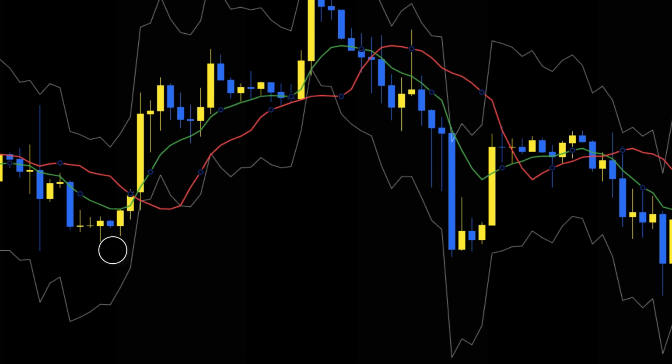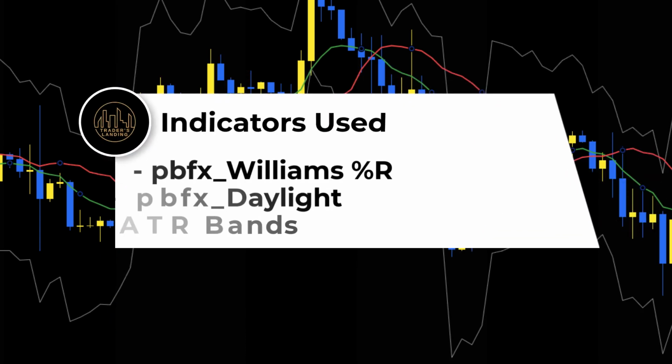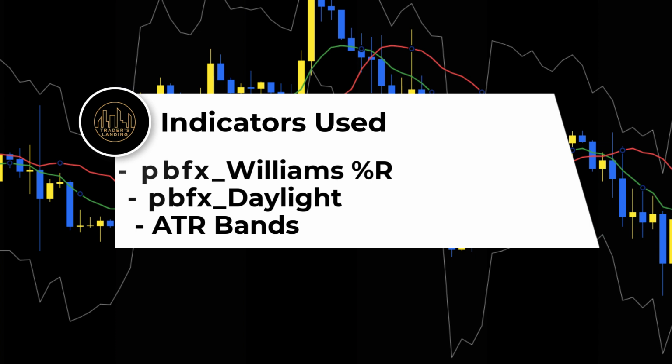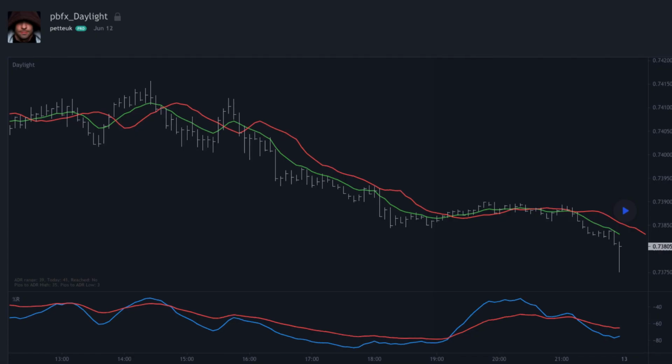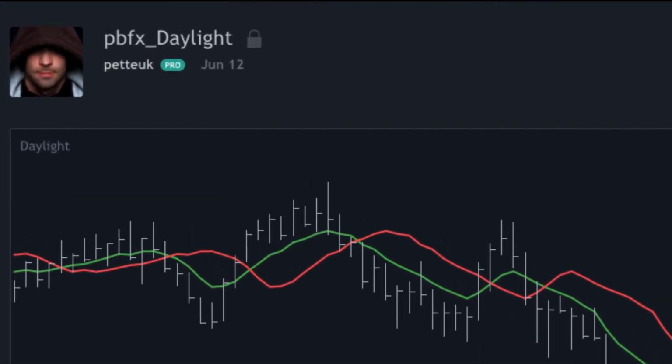Let's get into it. So this system uses 3 custom indicators that are freely available on TradingView. Just a reminder, the links to these indicators are in the description. The first 2 indicators are specifically designed for this trading system. The first is the PBFX Daylight Indicator by Petticoat.